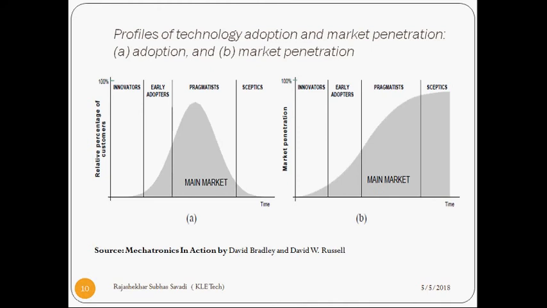If you see, this is basically a typical product life cycle. Any product starts early in the market, then goes to saturation, and then starts declining. If you consider any product, the first ones who enter the market are innovators and then early adopters.